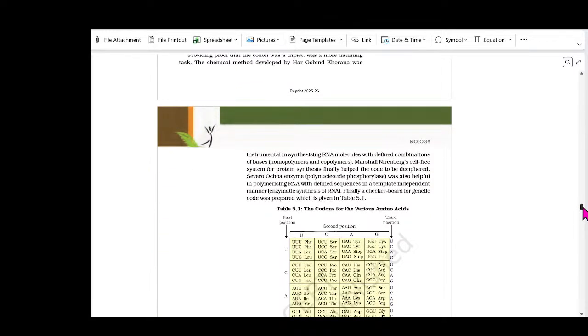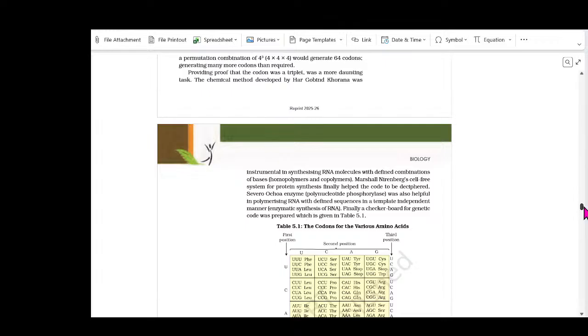Providing proof that the codon was a triplet was a more daunting task. The chemical method developed by Har Gobind Khorana was instrumental in synthesizing RNA molecules with defined combinations of bases, homopolymers and copolymers. Marshall Nirenberg's cell-free system for protein synthesis finally helped the code to be deciphered.